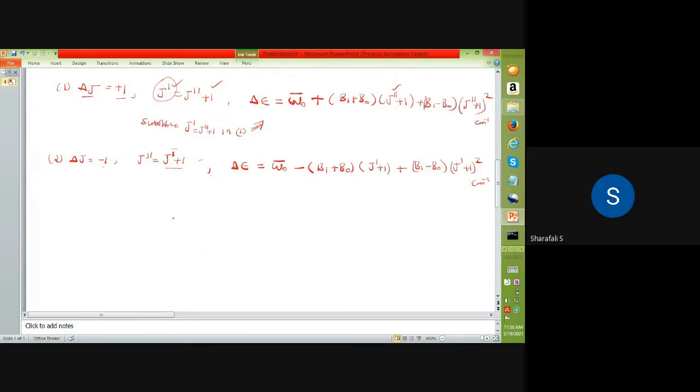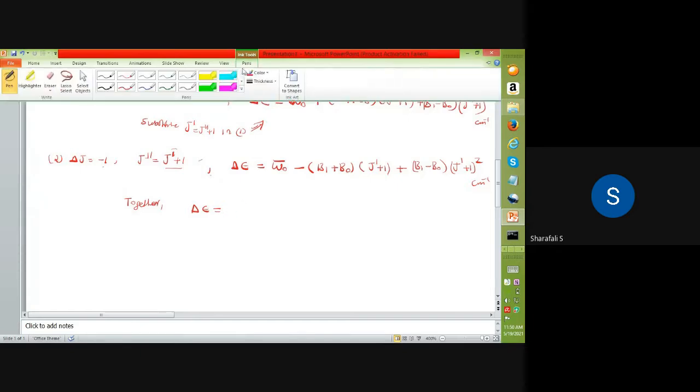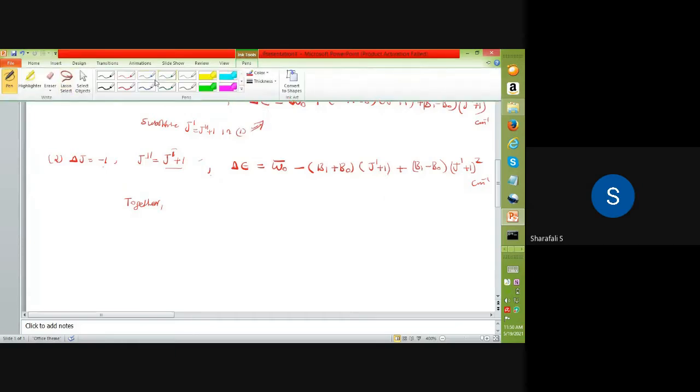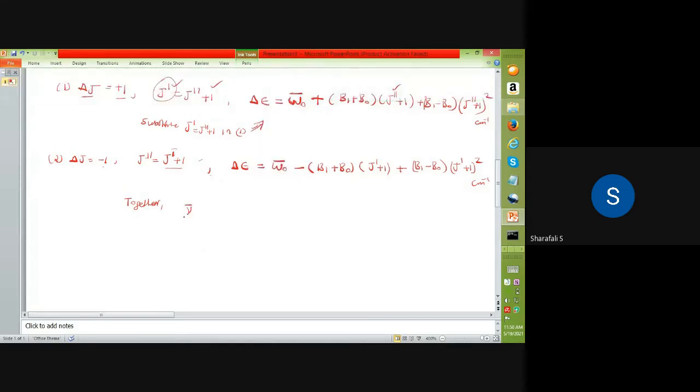Okay. Now, if you are considering these together, we can write delta epsilon equal to mu bar p comma r.